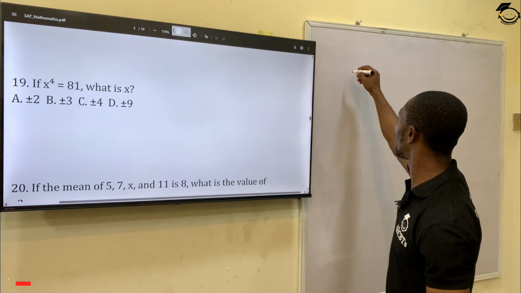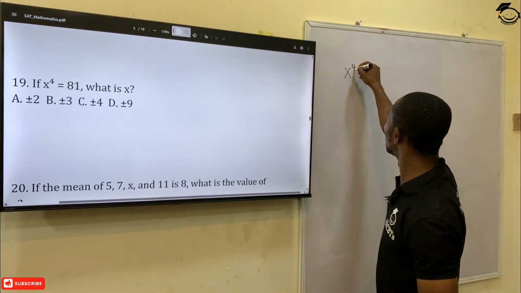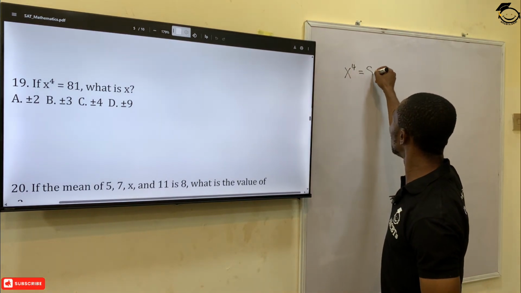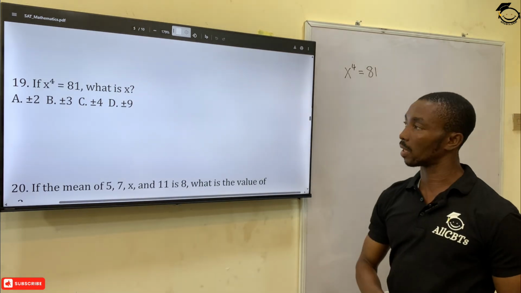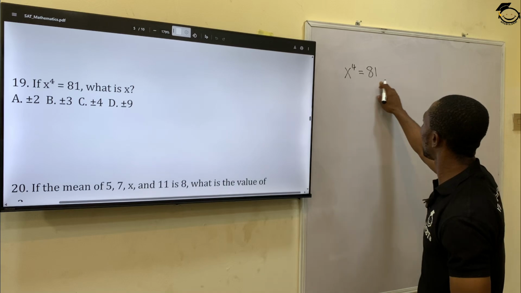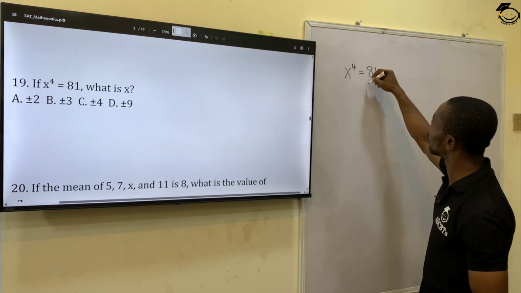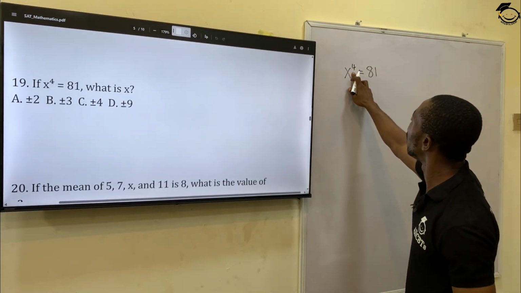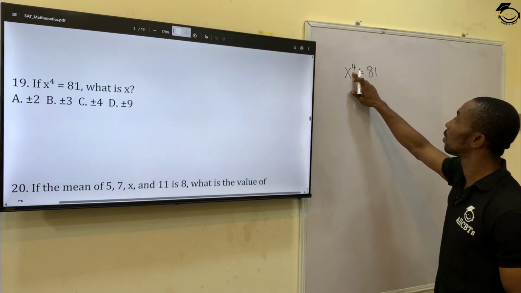If x raised to the power 4 equals 81, what is x? All right, now for us to find x, we have to change our 81 to a number that will be raised to the power 4.